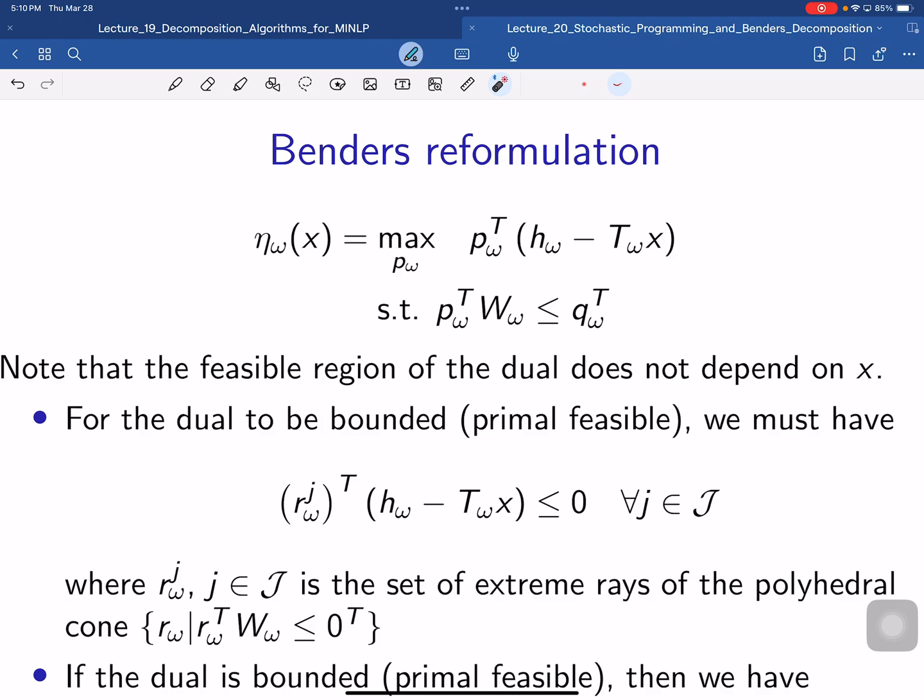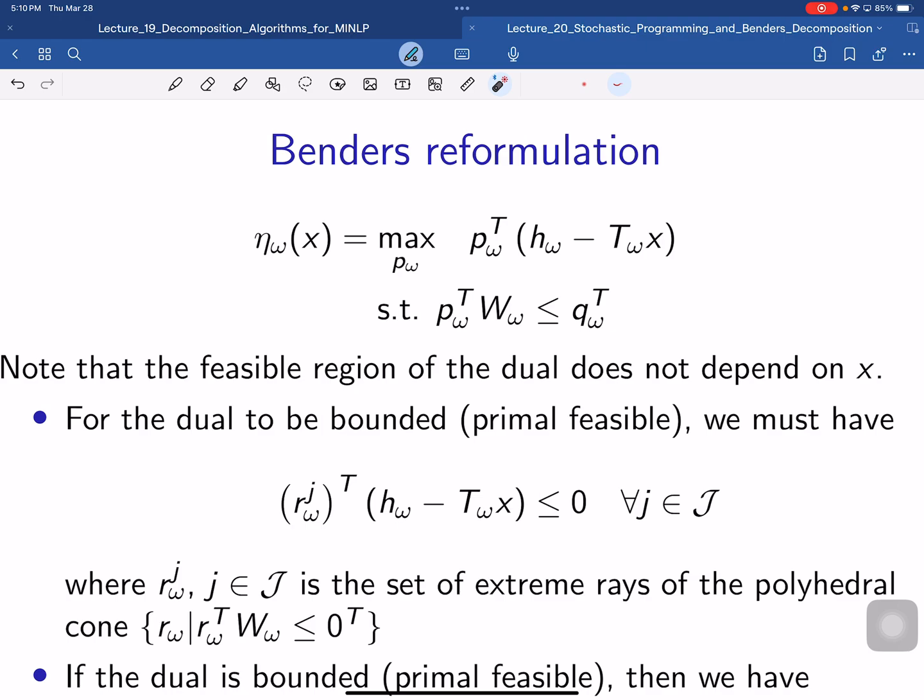So even if you change x, this feasible region will still have the same extreme points and extreme rays. All those parameters are independent of your first stage variable. Therefore, the optimality condition and the feasibility condition of this optimization problem are independent of x.